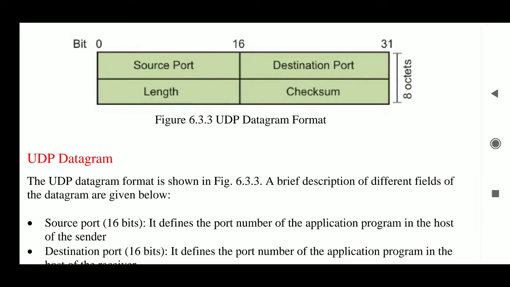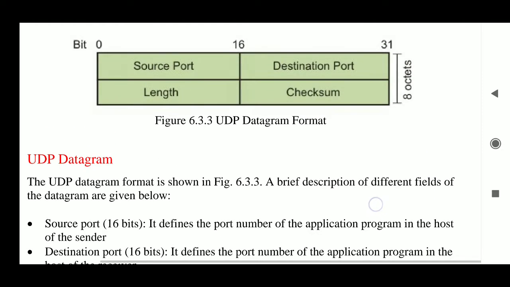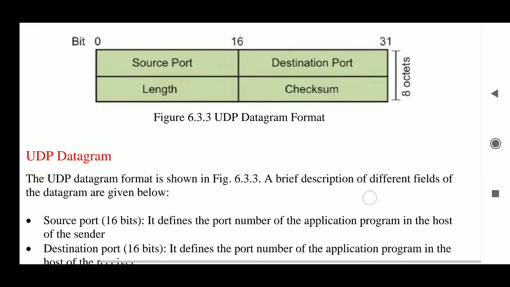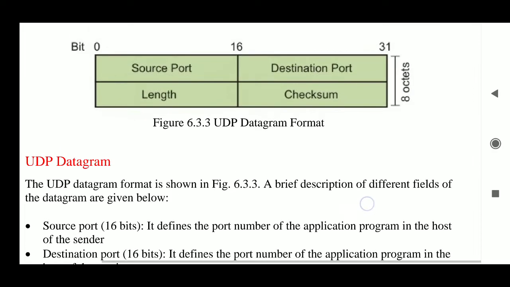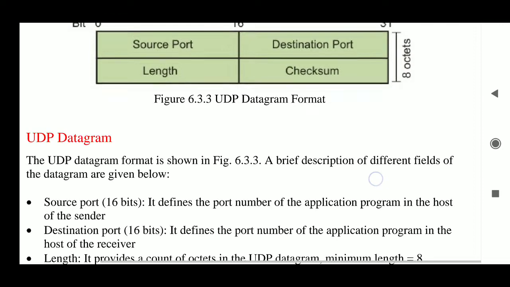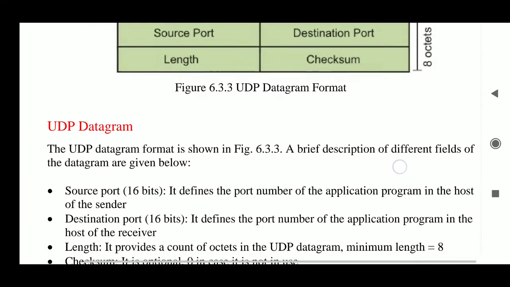Now we discuss the UDP datagram format. It is again a 0 to 31 bits, 32-bit format, in which the first 16 bits are for source port, and the second 16 bits from 16 to 31 are for destination port, and 16 bits give you the length, and 16 bits for checksum.